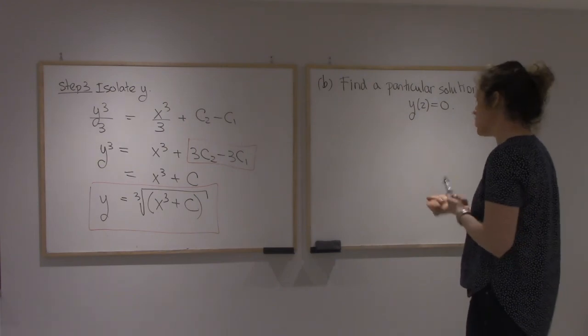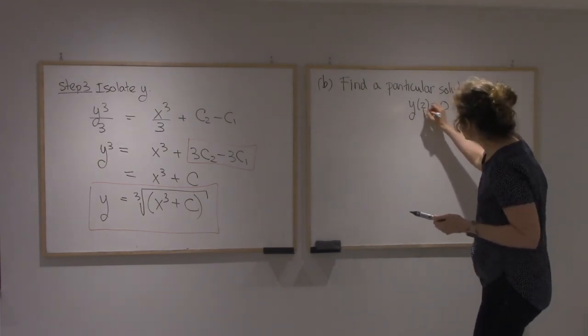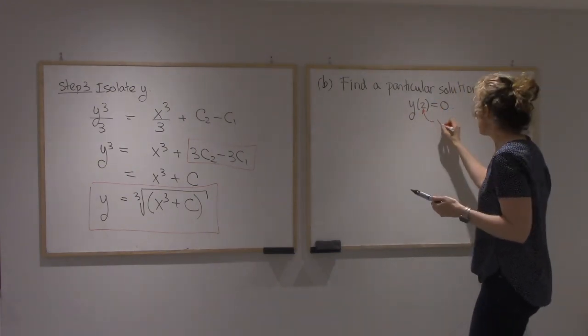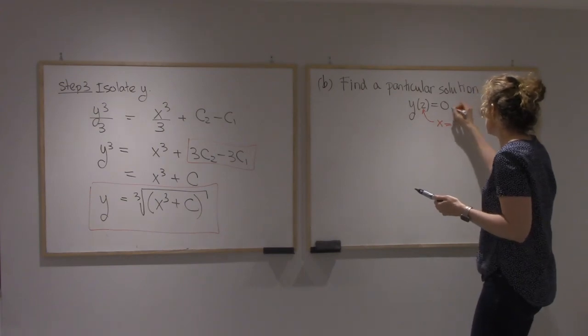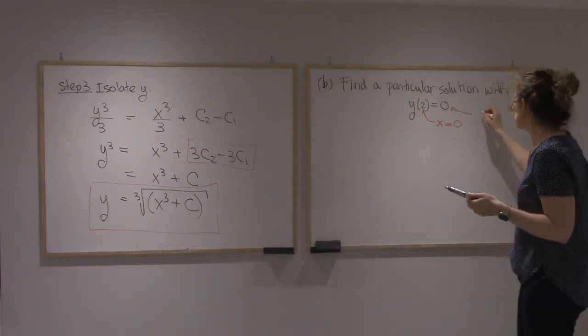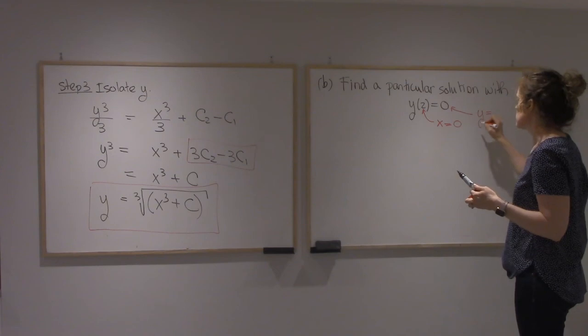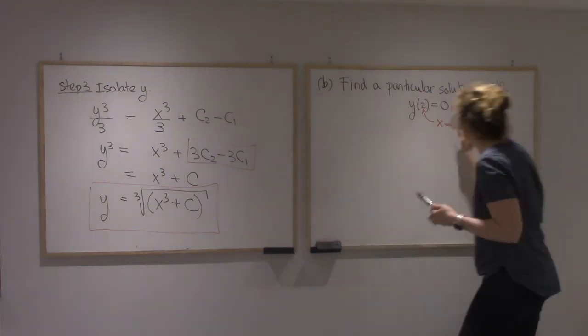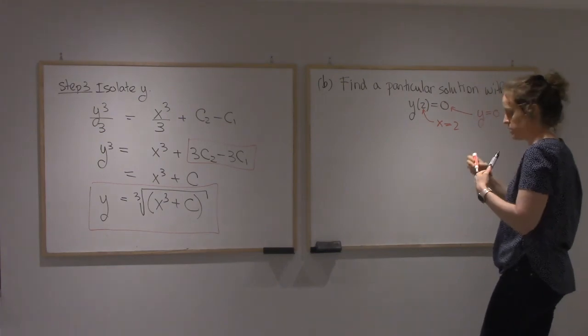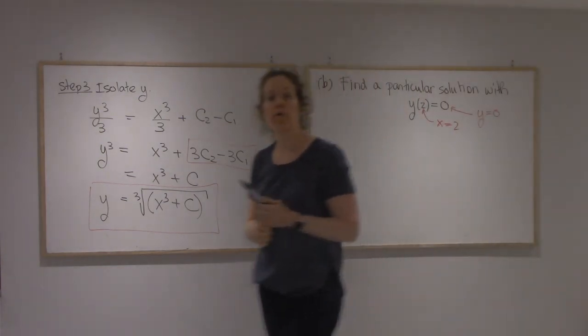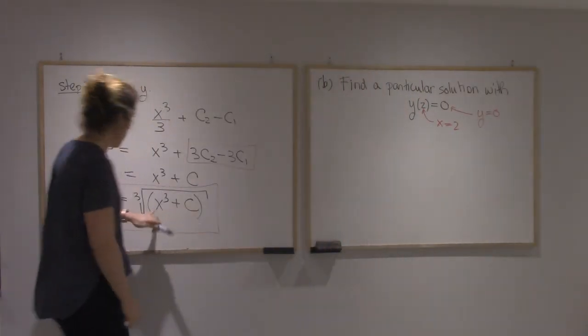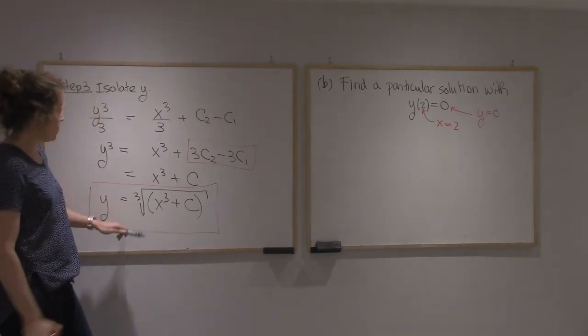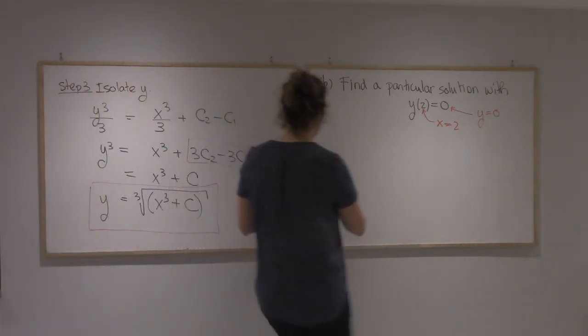So this is the variable, so we get that x equals 2, and y, the function, equals 0. So I need to figure out for which value of c I could put x equals 2 and y equals 0.